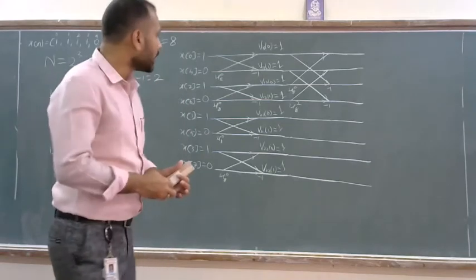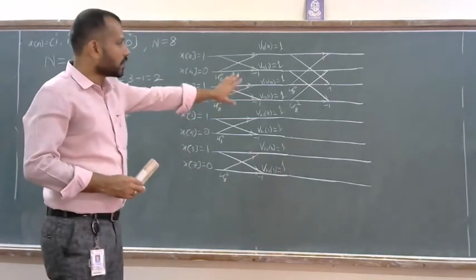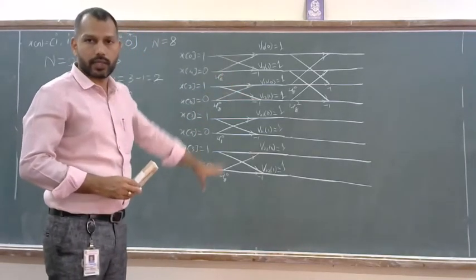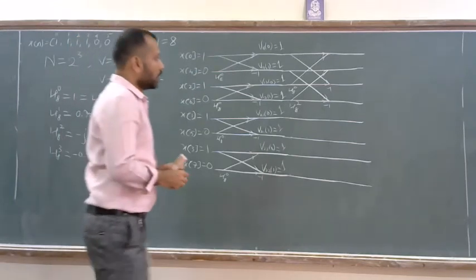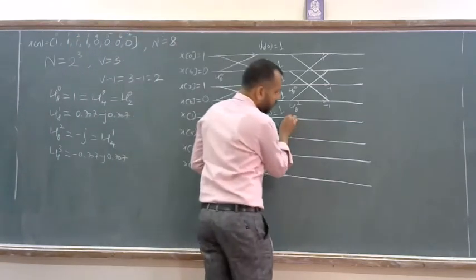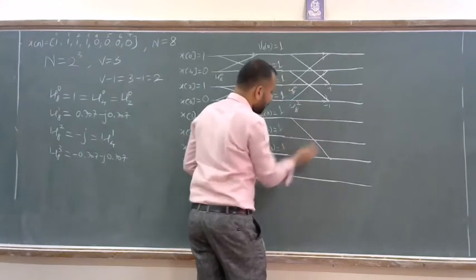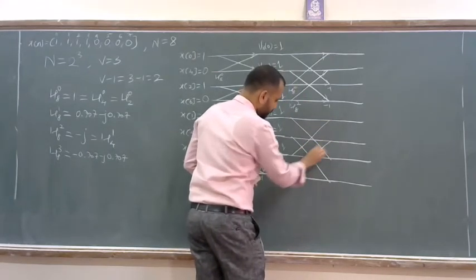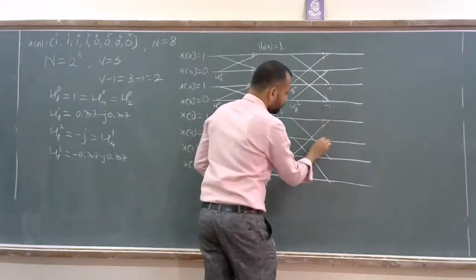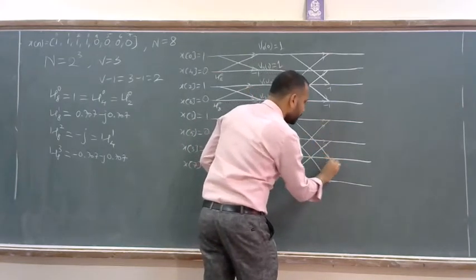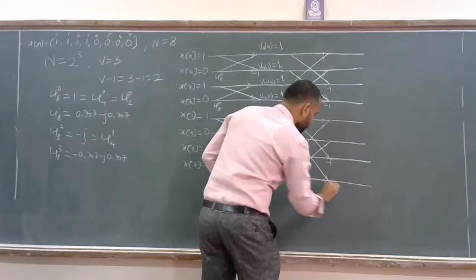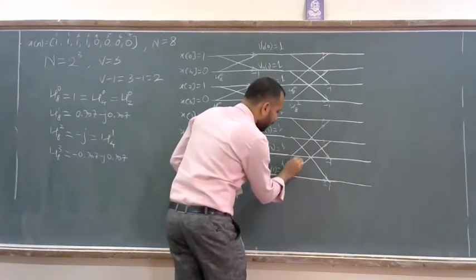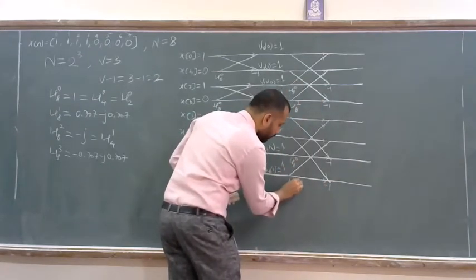Now, while writing the signal flow graphs, you should be very careful with all the minute details. So the same structure will be repeated at the bottom as well. This one, W80 and W82.